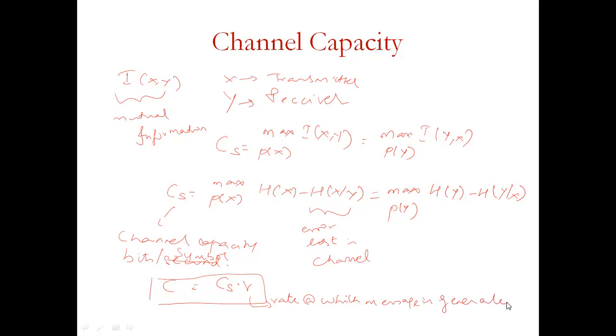So CS is measured in bits per symbol, and C is measured in bits per second, the bit rate. Once we know the bit rate, we multiply it with CS to get C. C is again a definition of channel capacity, but the difference is that CS is in bits per symbol, whereas C is in bits per second.